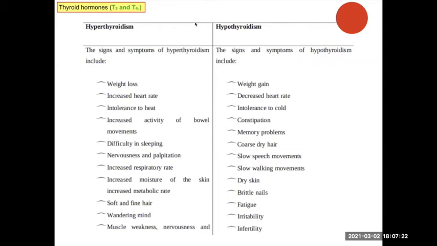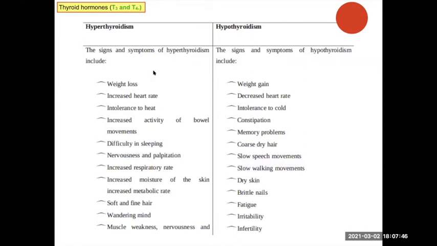But what happens when you don't get enough thyroid hormone, in hypothyroidism, or you get too much? You'll look at the descriptions right here. You don't have to know any of this, but just get an idea of what thyroid hormone might do by looking at what happens when there's a gain or loss of function.